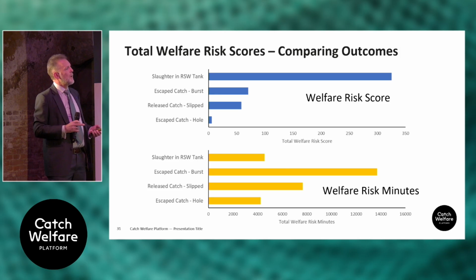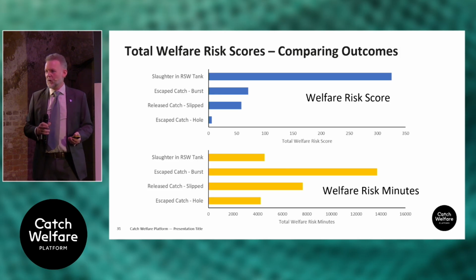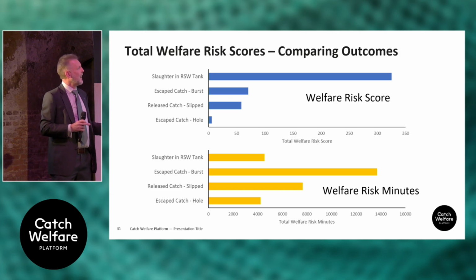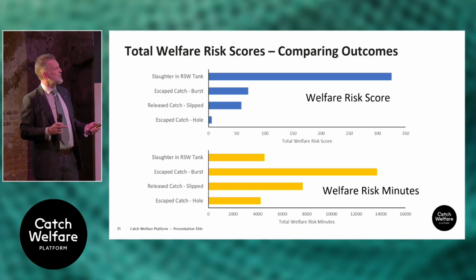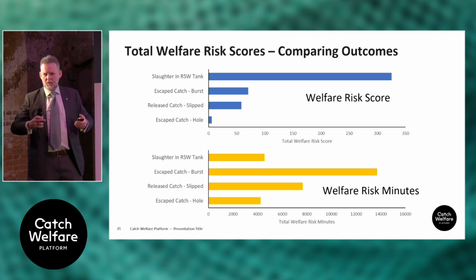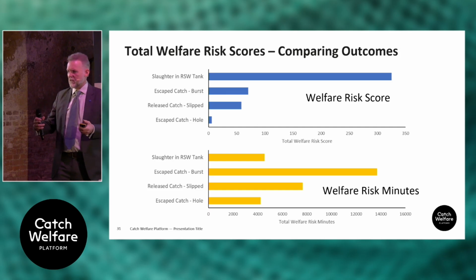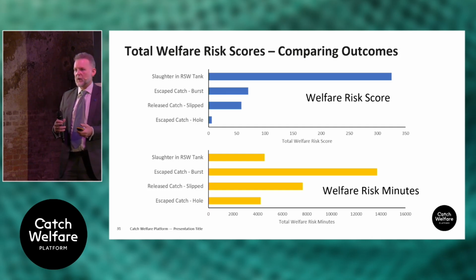However, when you bring minutes into the equation, you suddenly change the situation quite dramatically. And so slaughter in the RSW tank is completely outshone by the escaping catch after a burst net. Now, as you imagine, burst nets normally burst when you're crowding during a pumping operation.